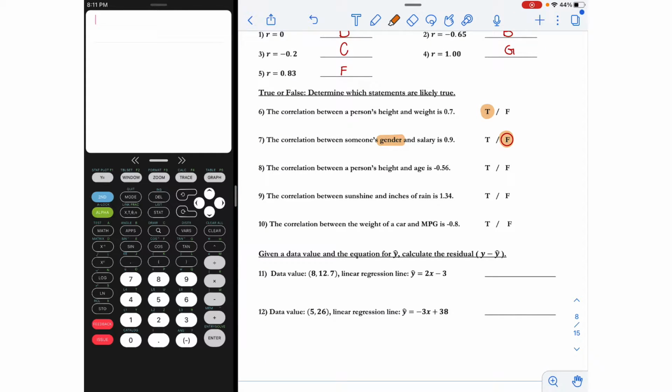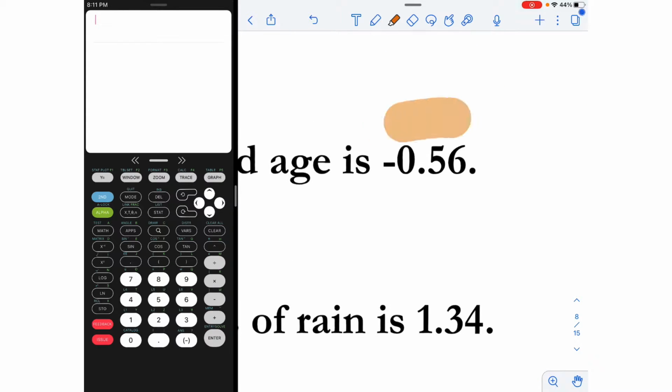All right, the correlation between a person's height and age is negative 0.56. All right, so I understand that there's a plateau you eventually hit, but think about when you're young. Like my children, for example, the older you get, the taller you get. So it wouldn't make sense that this is a negative correlation.